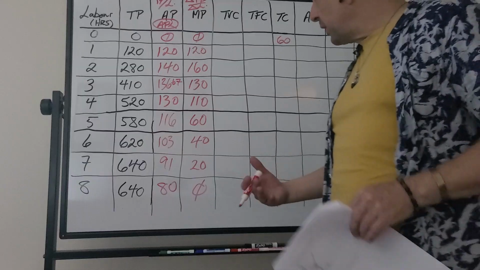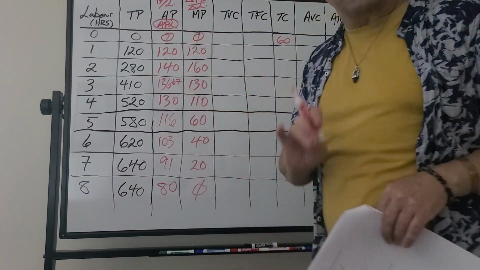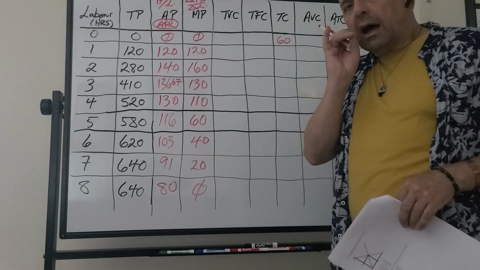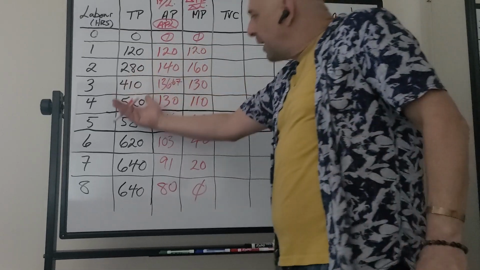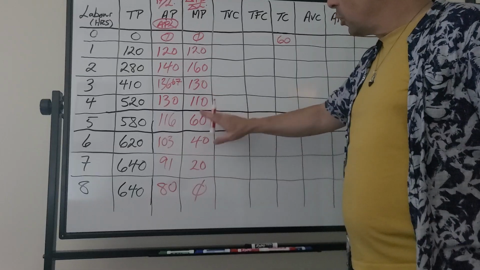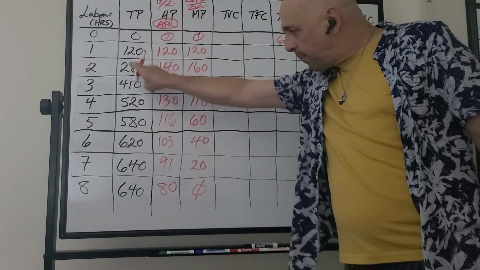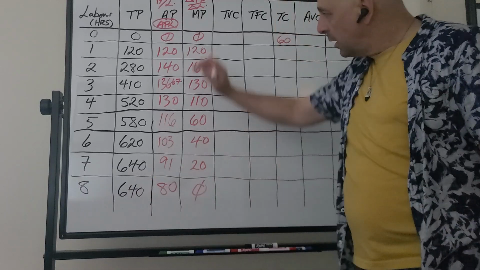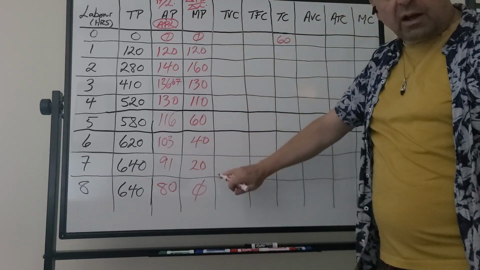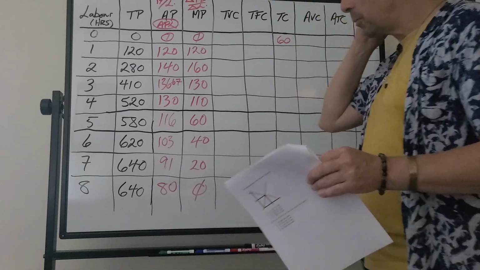Think about that. With the same amount of machinery, adding units of labor will add to your total product. It does add. This is going up consistently, but it adds less as you go along. That's what we call the law of diminishing marginal returns.